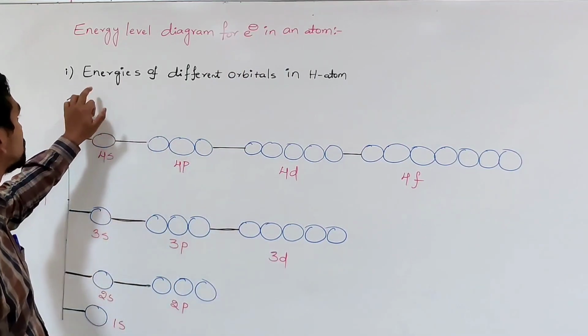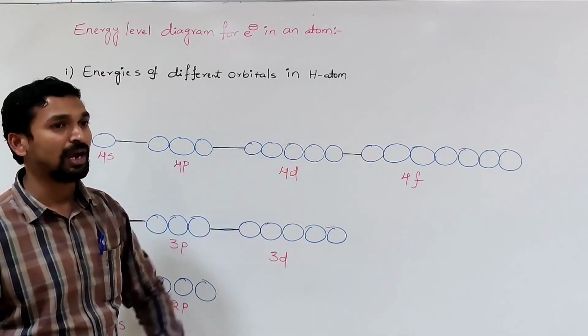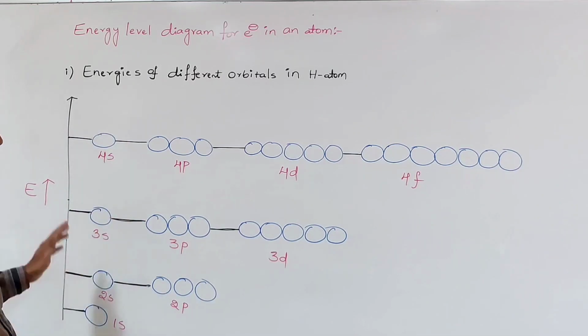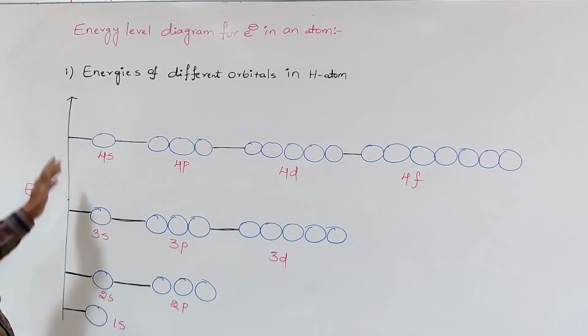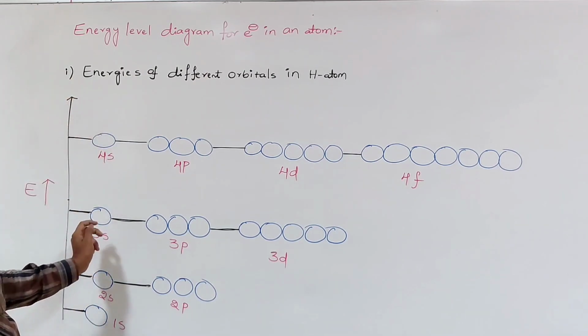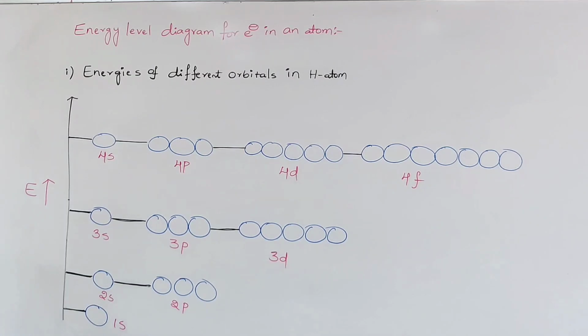First go to the first one, energies of different orbitals in hydrogen atom. So when we draw the energies of the different subshells, we get an arrangement like this. This is called the energy level diagram of different orbitals in the case of hydrogen atom.